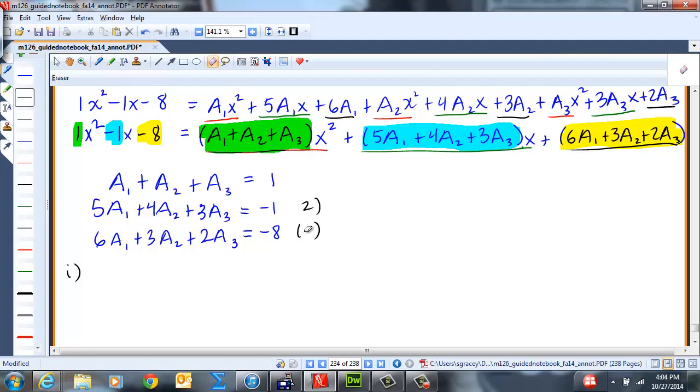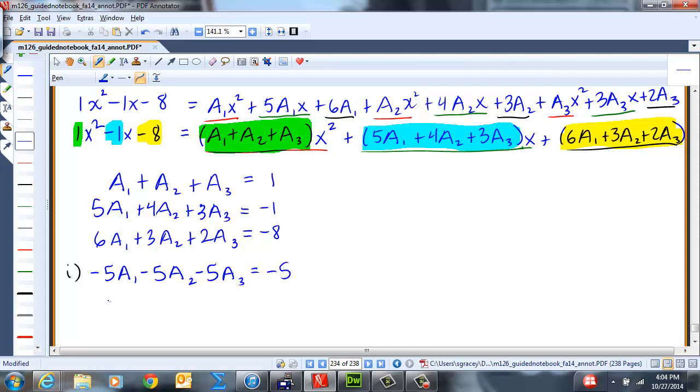The first step is to take negative 5 times the first equation, which gives negative 5a1 minus 5a2 minus 5a3 equals negative 5.